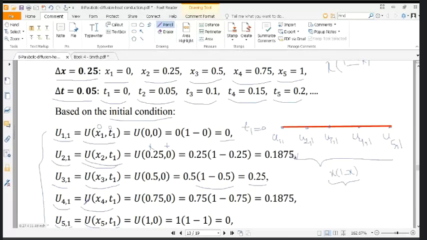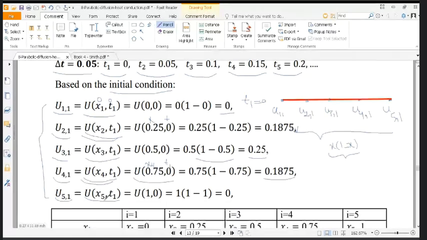When we use x times 1 minus x, we have the value of u4,1 is 0.1875. And for the endpoint in this row, u5,1, or u at x5 and t1, it is 1 times 1 minus 1, and the result is 0.